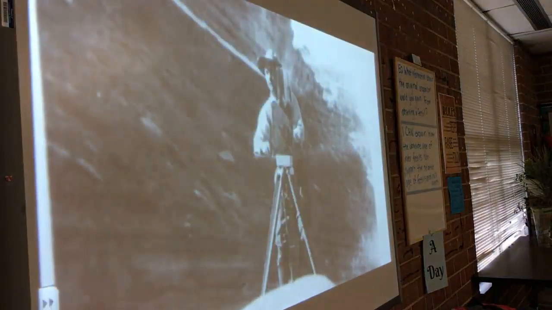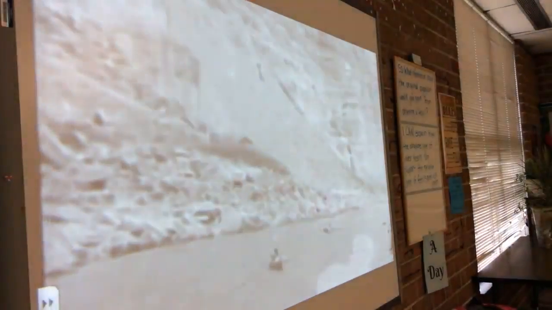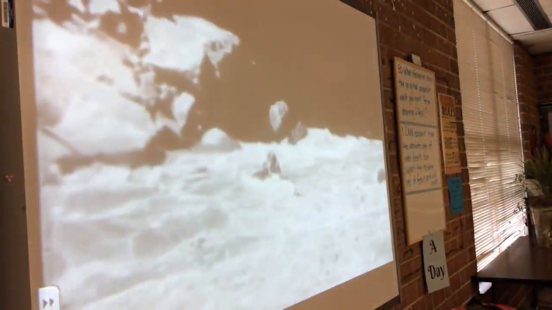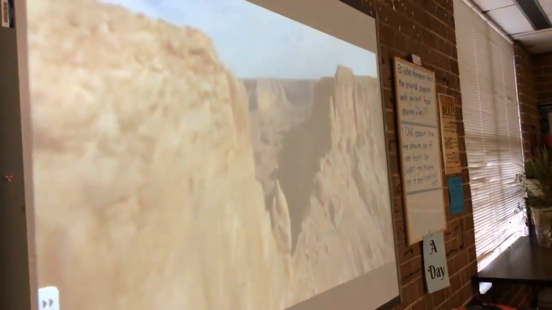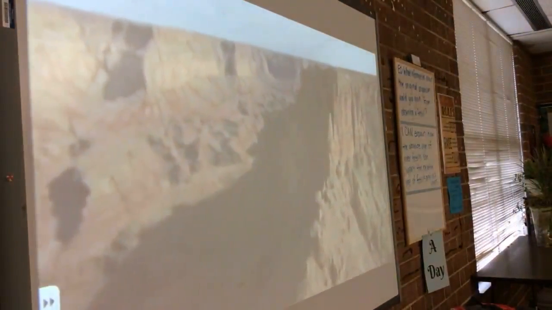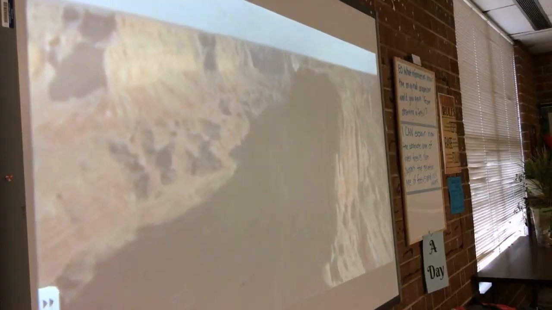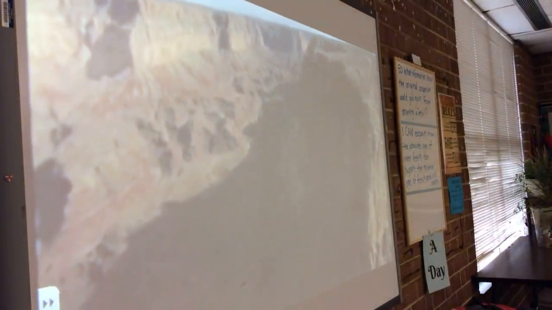His reports inspired artists and photographers, whose images led tourists to come view the geologic wonder. But above all, for scientists, the Grand Canyon remains an enormous window into the history of Earth.